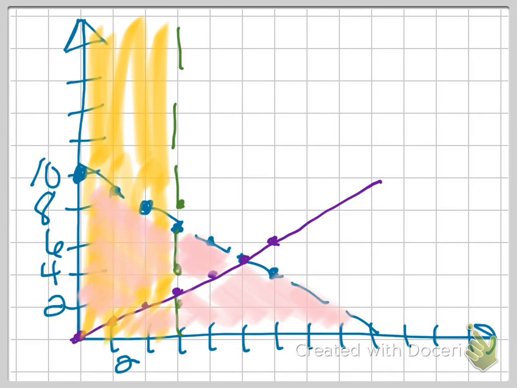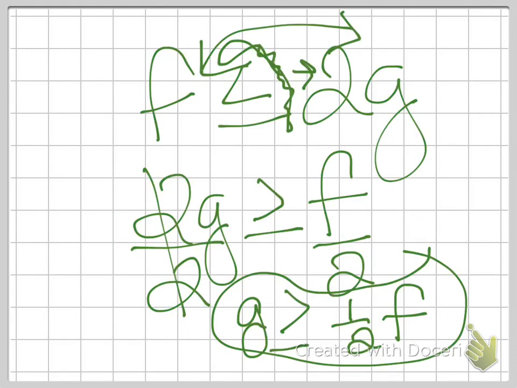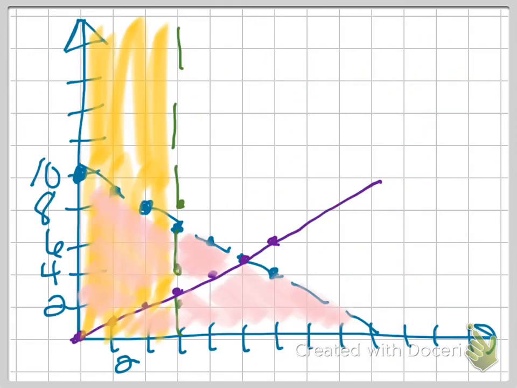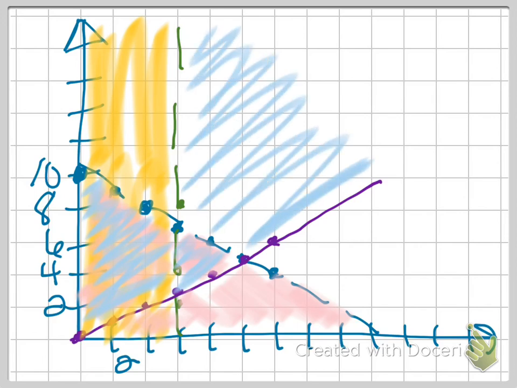Lovely. And the last one, I need to shade. Let's see, it says G is greater than or equal to 1/2 F. So I'm going to shade that one above. All right, so there's that.